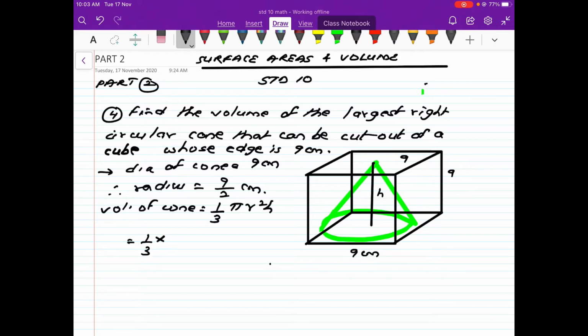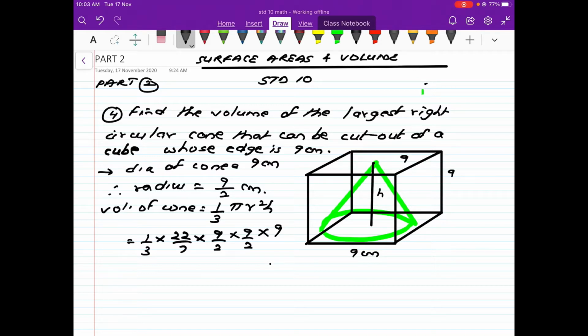So, this is 1 upon 3 into 22 by 7. R square is 9 upon 2 into 9 upon 2, and height means it is the height of the cube, that is 9. So, when we simplify this, we can go to some extent.